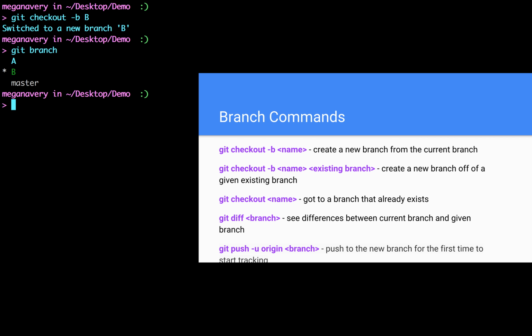I can also do git checkout -b new branch name from an existing branch, and that'll create a new branch off of an existing one. So I can do git checkout -b c master, which will create C off of the branch master.